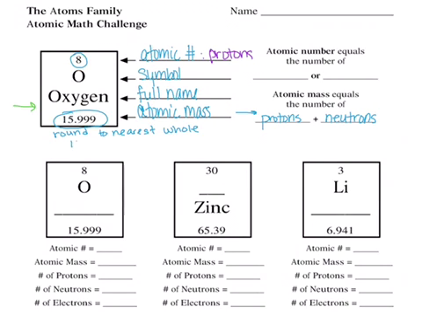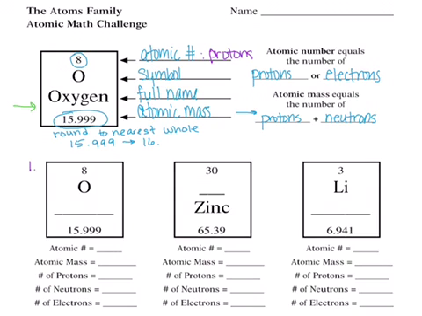In this case, 15.999 would round up to 16. We can fill out over here that the atomic number is equal to the number of protons and also the number of electrons. Now on this bottom portion we're going to fill in any of the blanks.